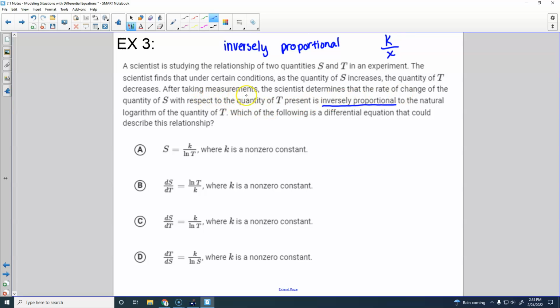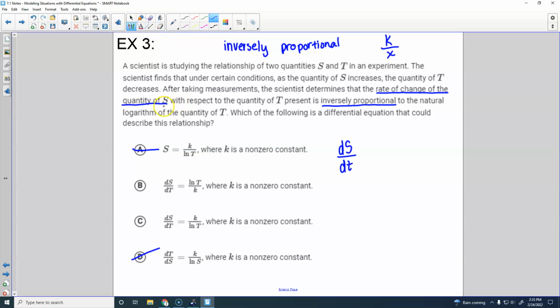So let's read this. The rate of change of the quantity of S. What would that be? dS over dt. So that tells me it's probably not A and it's probably not D. With respect to the quantity, oh, actually, I put the little t out of habit.